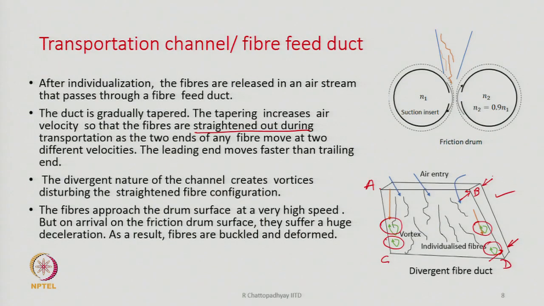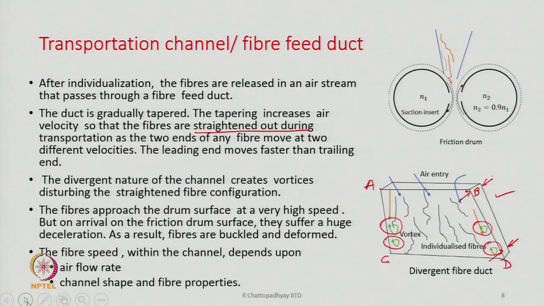So, the speed of incoming fibers is more than the surface speed of the friction drum. What is the result of that? Fibers after landing will be decelerated and they will get deformed. That is the situation we have; as a result, many fibers get deformed because of this reason.